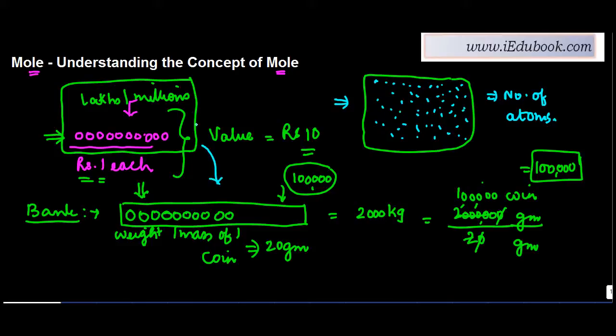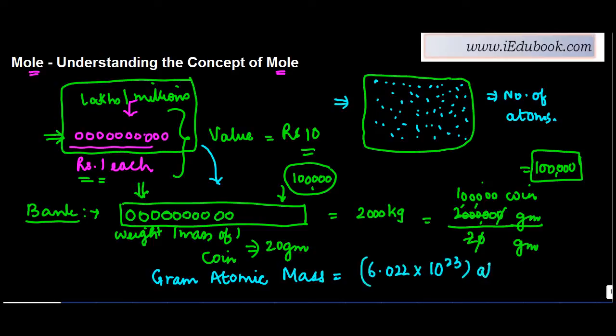Now, the scientists, through experiments, have found out that a gram atomic mass contains 6.022 into 10 to the power 23 atoms, right?